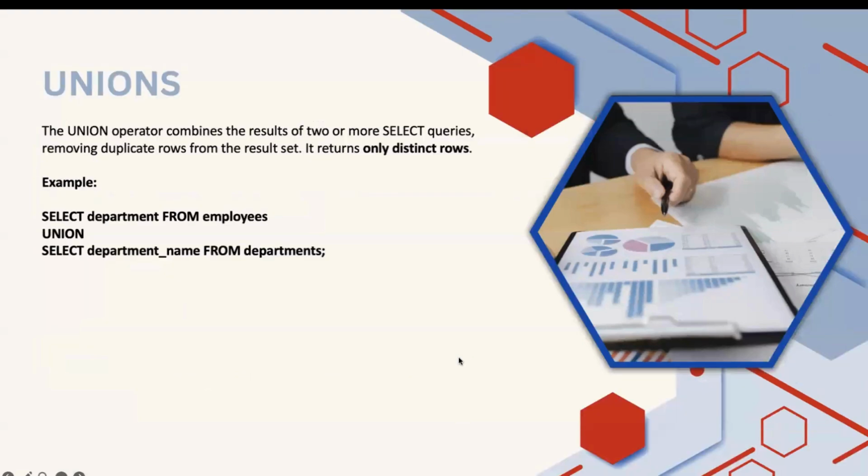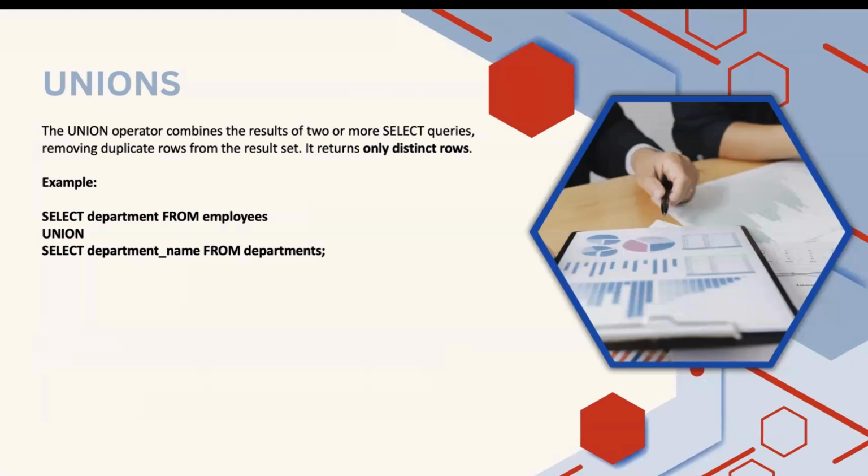Now our next topic is about unions. In unions, we combine two or more select queries and remove the duplicate records, but it doesn't require any common field between both the tables, and we don't need to run any query on common fields.